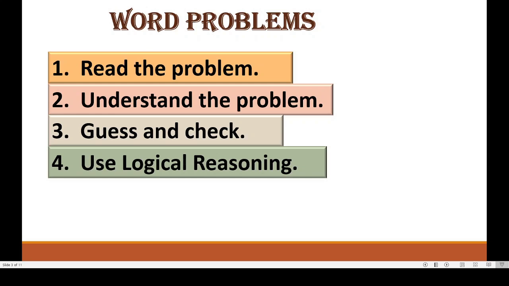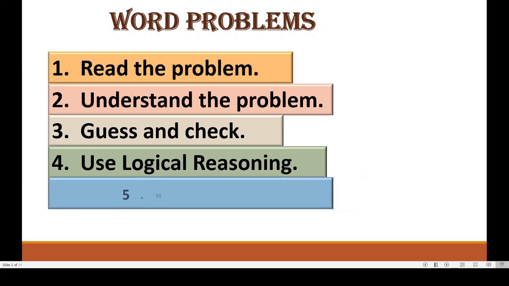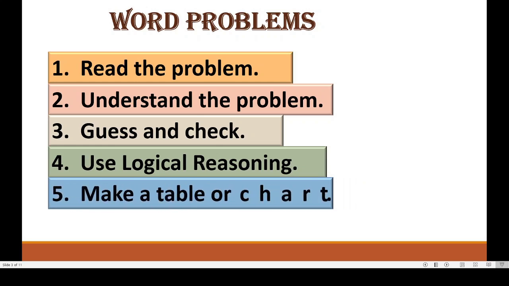So for solving these types of sums, we have to think logically. Got this? The last one is make a table or chart. Yes, if we solve these word problems using a table or chart, then it will become very easy and clear to solve.